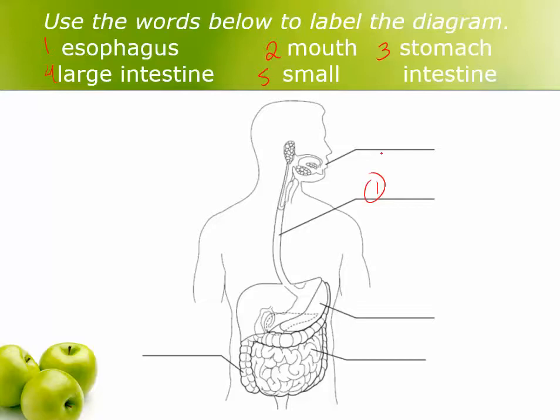Esophagus would be here, mouth would be here, stomach is here. Small intestine is 5, and then large intestine is 4. Good.